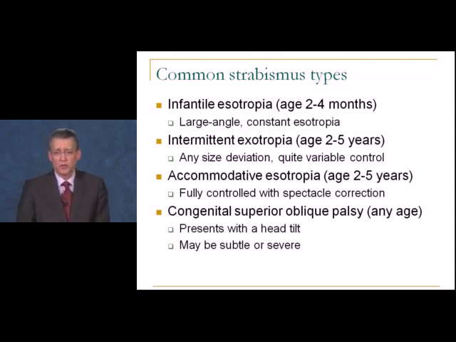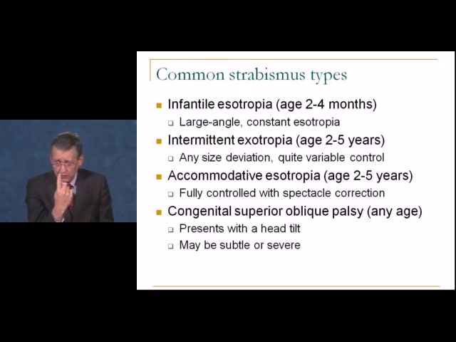Accommodative esotropia is related to refraction because when you're farsighted, things are clear at a distance. But all of us have to dial in focusing power, positive focusing power, in order to focus on something up close. So as we focus up close, as we dial in the focusing power, our eyes are also wired to converge.